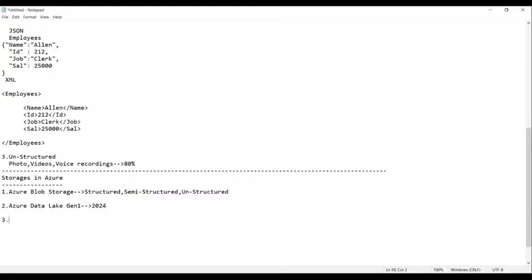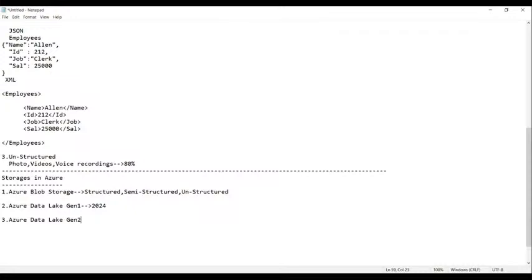The entire data of Gen 1 is being migrated to Azure Data Lake Gen 2. Azure Data Lake Gen 2.